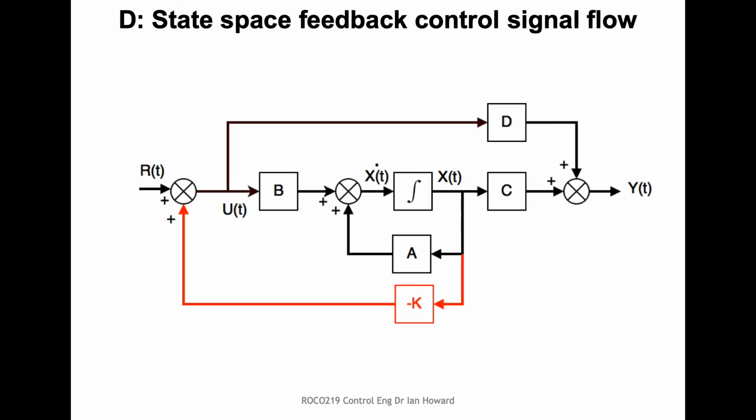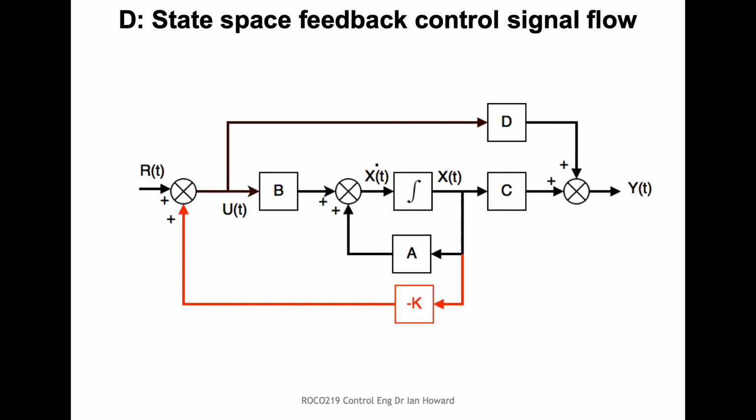So what does a signal flow graph look like for a state space model? Well, basically it looks like this. So let's look through it all. The bit in black represents a state space model. It's going to be x dot equals Ax plus Bu. So let's look at the x dot part here. That's the signal here. So how do we get that?